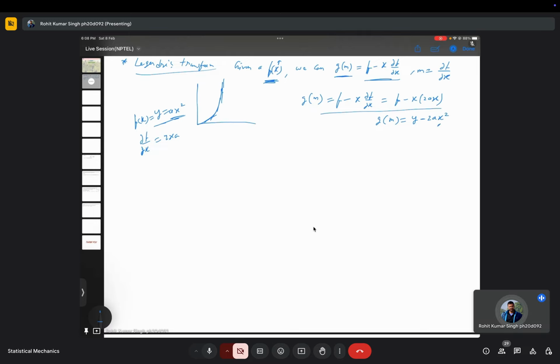Then you need to replace x by m, because we know that m is equal to del f by del x. So m is equal to 2ax, and for x you can write m by 2a, and you can put it here and you will get g(m).